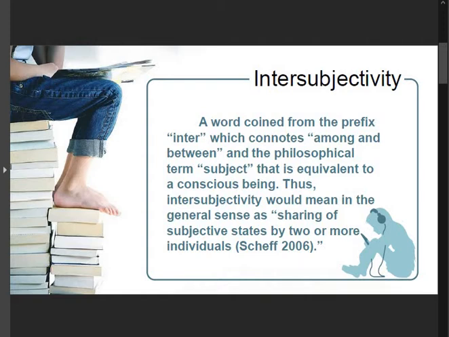Okay? So in other words, intersubjectivity only adheres to human beings' personhood and of course human nature. So for your comprehension, you may look at my presentation before if you have forgotten the definition of human being, personhood, and human nature.